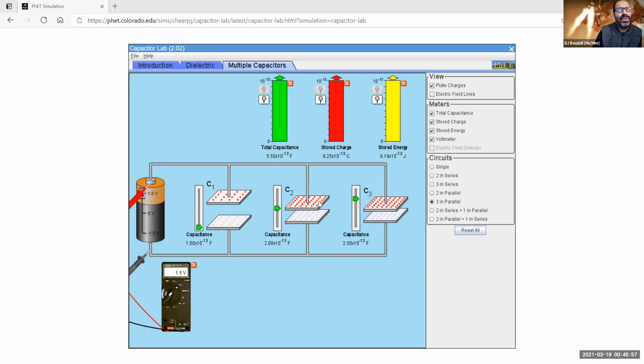And the energy, you could do the same thing now. You could find that the equivalent capacitance is very easy in this case. It's 1 plus 2 plus 2.5, which is 5.5. Okay, so this is a match. The energy now is 5.5 divided by 2 times the voltage squared, which is 1.5 squared.